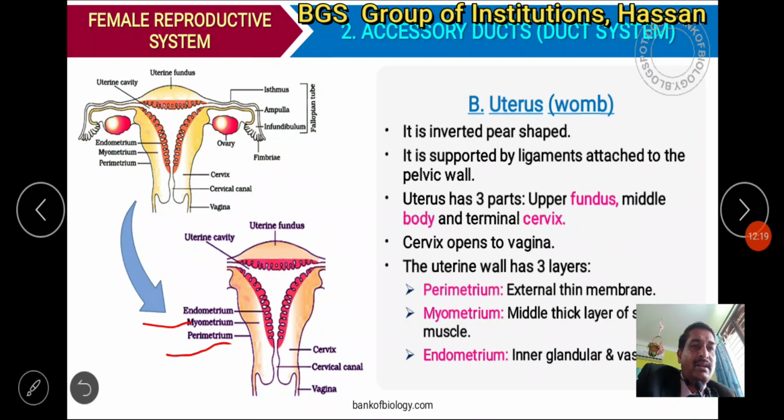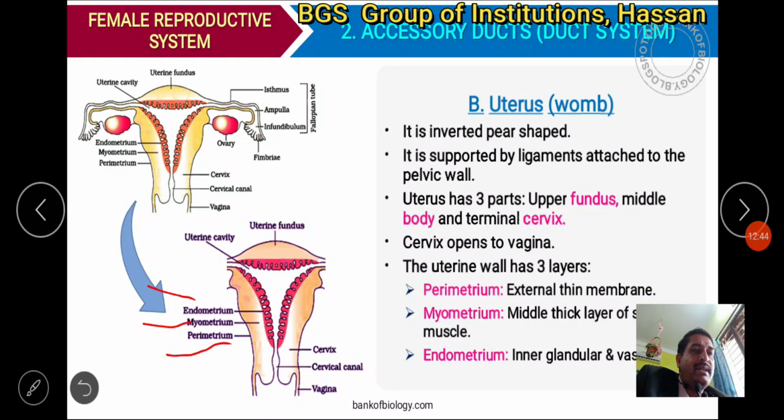Next, the lower one, endometrium. Here we can see the endometrium. So outermost perimetrium, middle myometrium, and inner endometrium.